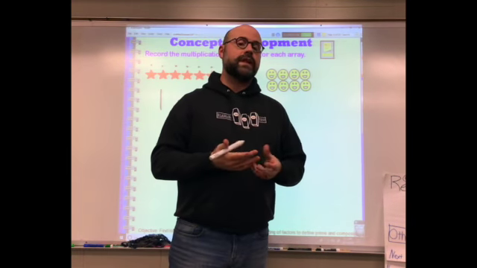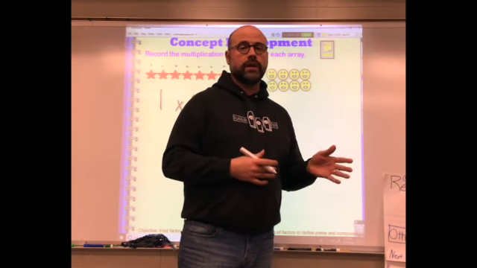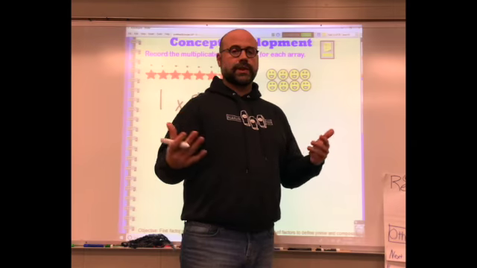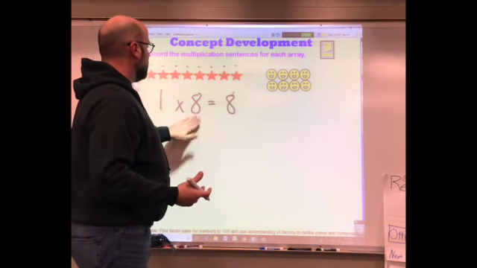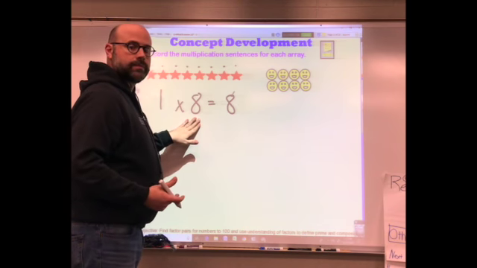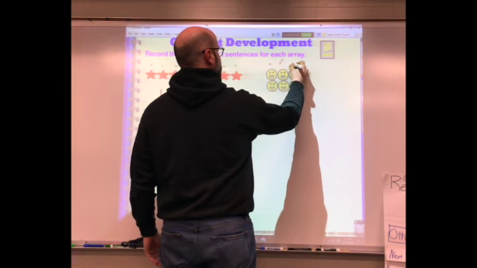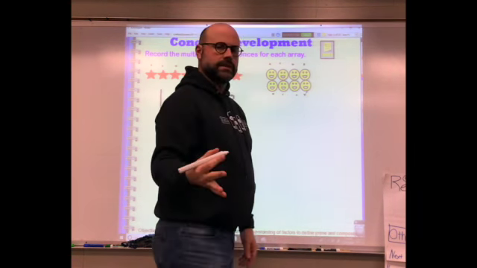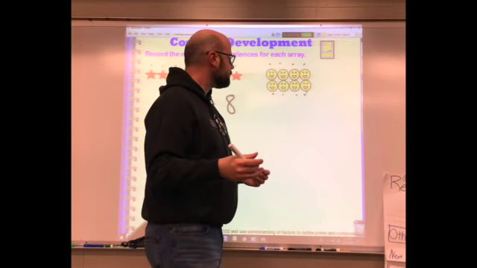1 is always a factor of every number because you can always multiply 1 times the number and you'll still get that number, right? So 1 times 8, 1 row of 8 stars. But if you come over here, I've also got 1, 2, 3, 4, 5, 6, 7, 8 smiley faces. But how are these smiley faces situated?